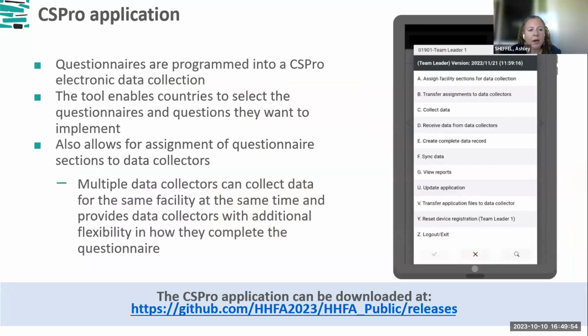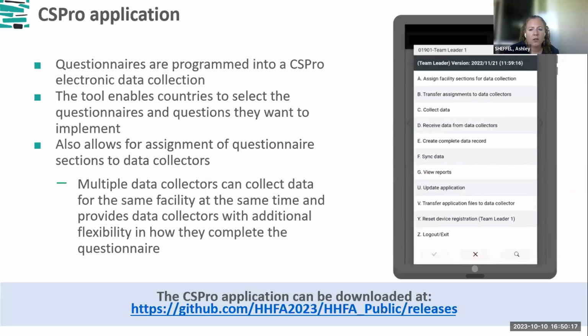So next, just a little bit about our CS Pro electronic data capture program. Our questionnaires have already been programmed into CS Pro, which is an electronic data collection tool that can be used on tablets or mobile phones to collect data in facilities. And the tool enables countries to select the questionnaires and the questions they want to implement, and then to adapt the tool to the country context.